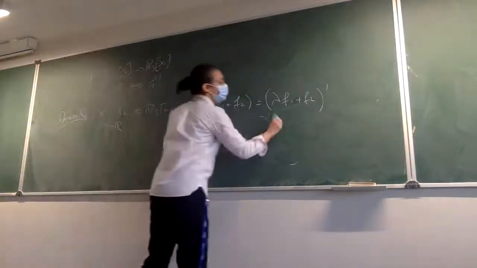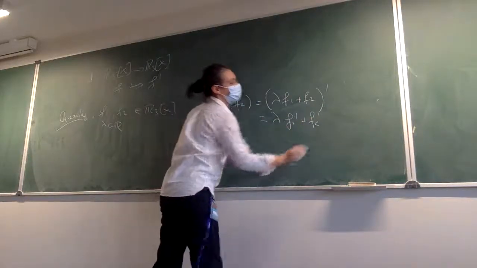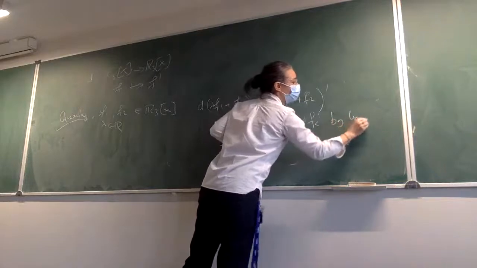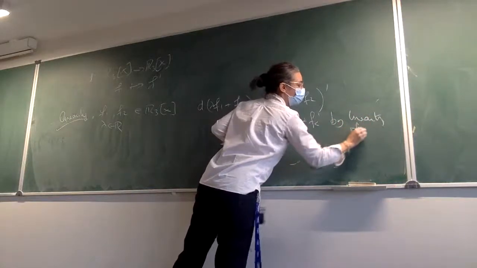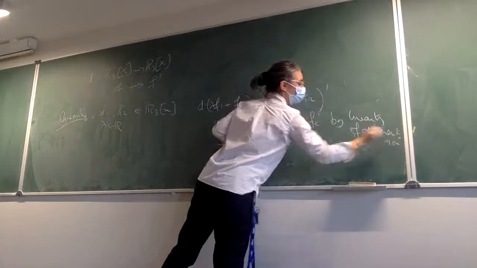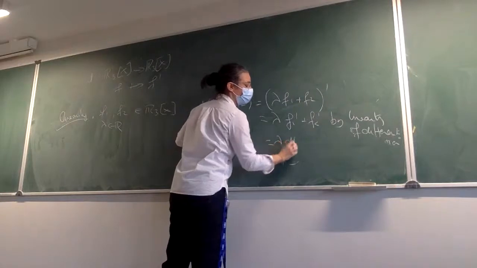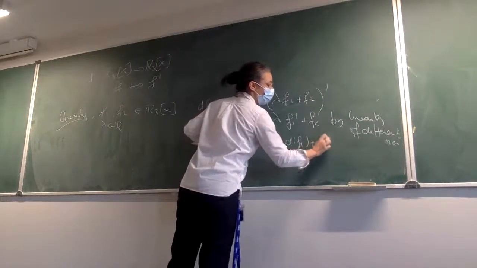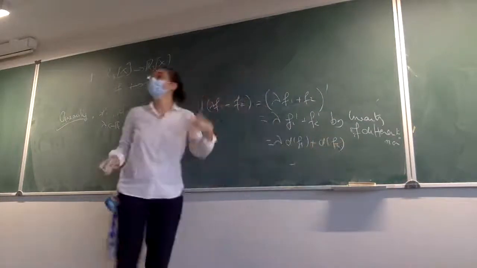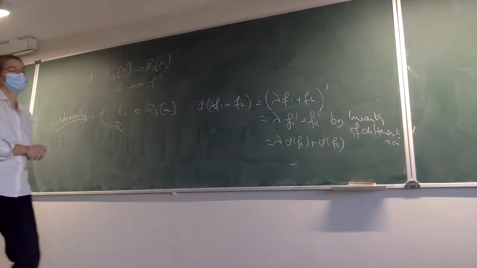So this is lambda f1 prime plus f2 prime by linearity of differentiation, and then this is lambda D of f1 plus D of f2. So the image of a linear combination is the linear combination of the images.